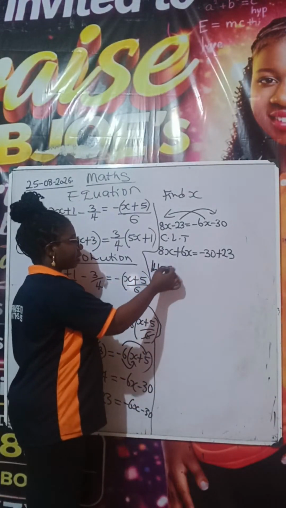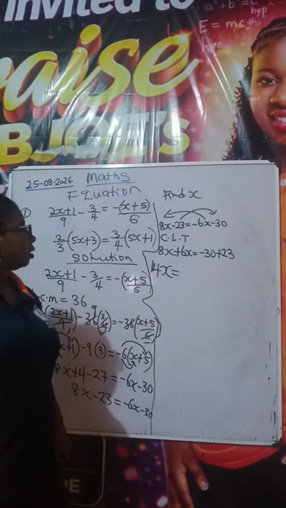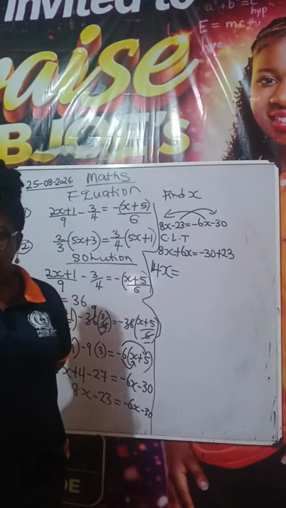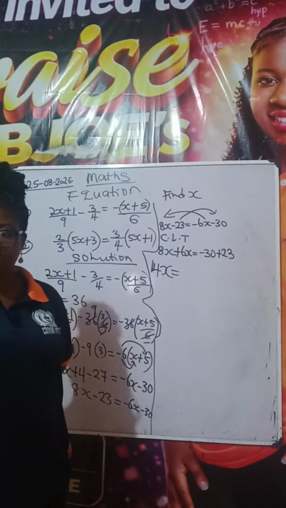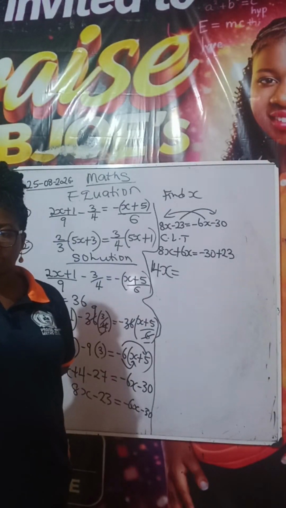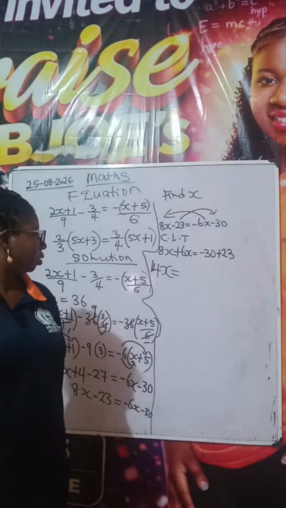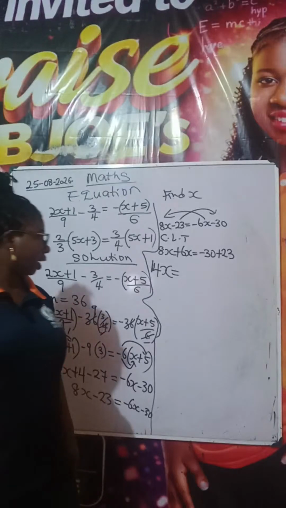So 14x equals to minus 30 plus 23. What do we have? Minus 30 then plus 23. We have minus 7. Yes, correct.